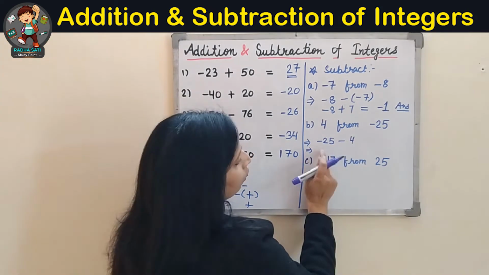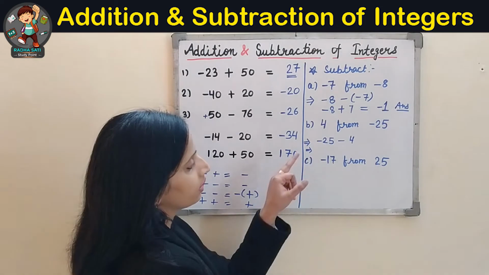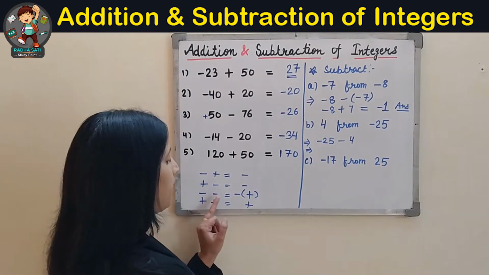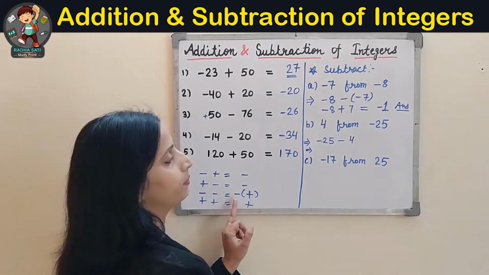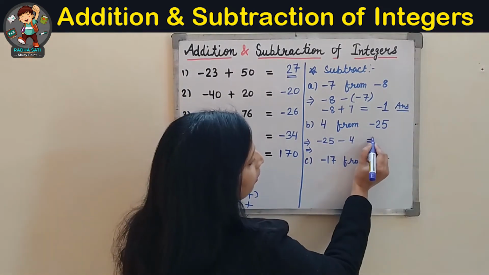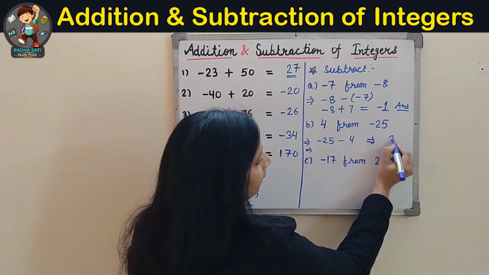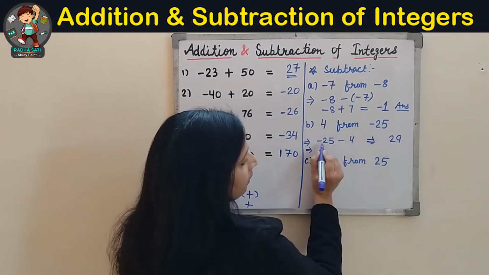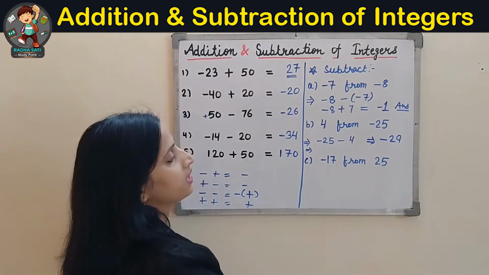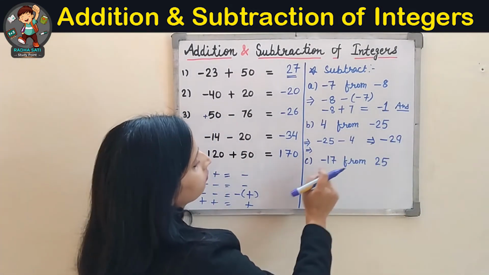Now both are negative integers. Minus minus plus. Minus minus plus. And the sign will be of minus. So 25 plus 4, 29. And which sign will come? Minus. Okay. So our answer will be minus 29.